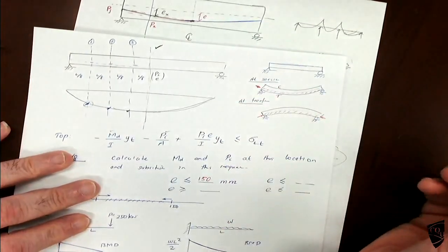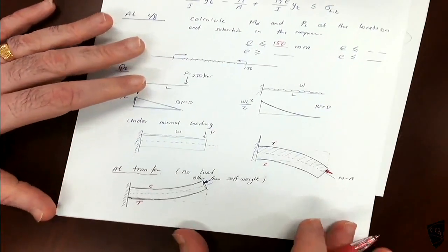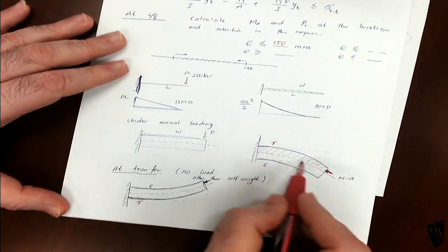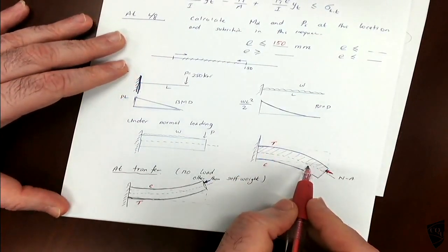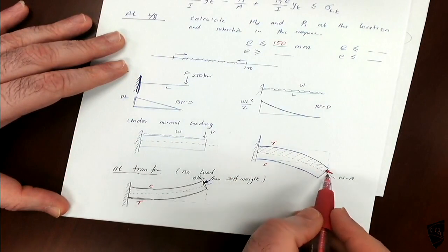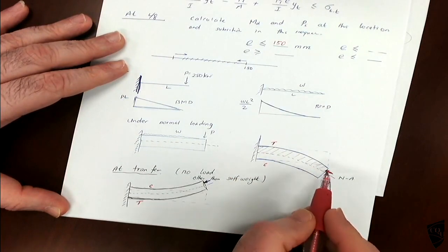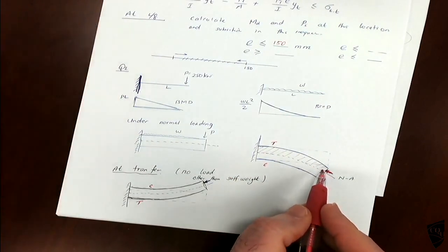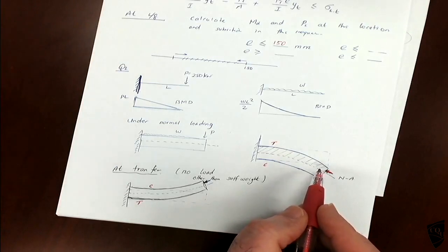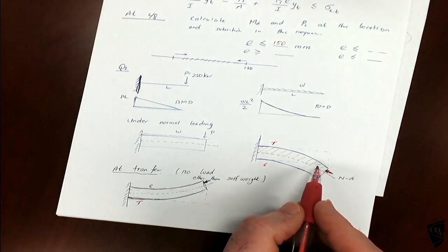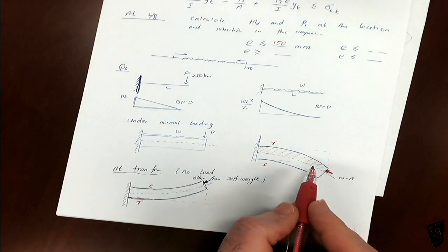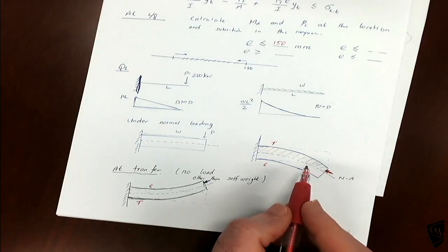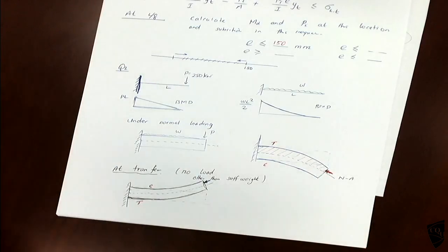But here the top part is under tension. So wherever the tension is, we apply the compressive force. The pre-stressing force should be applied at the tension zone. That's what we discussed in the first class.